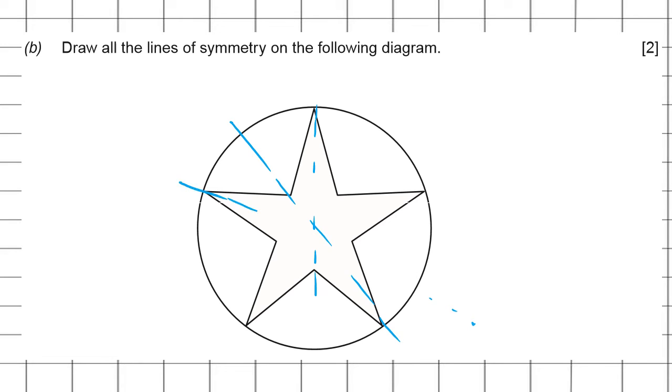So basically, at every point, there's a line of symmetry. It's off again. Yeah, so at every point there's a line of symmetry. So there's 4 lines. 1, 2, 3, 5 lines. No, 4. Can't even count. 1, 2, 3, 4, 5 lines of symmetry.